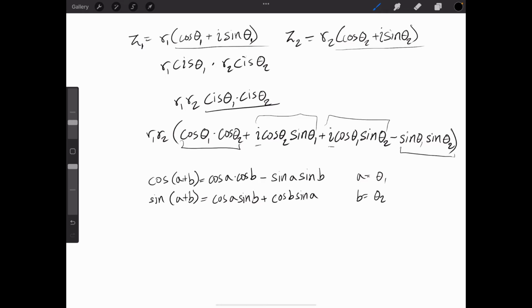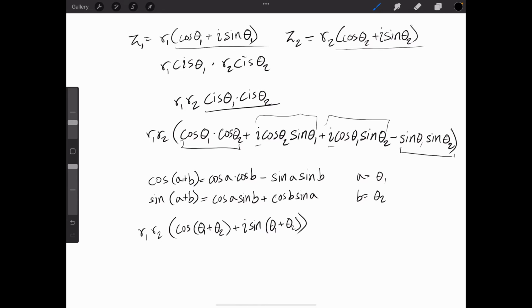All right, so let's just rewrite these. Modulus goes over here, R1, R2, multiplied by cosine of theta 1 plus theta 2 plus I, remember I is very important, sine of theta 1 plus theta 2.